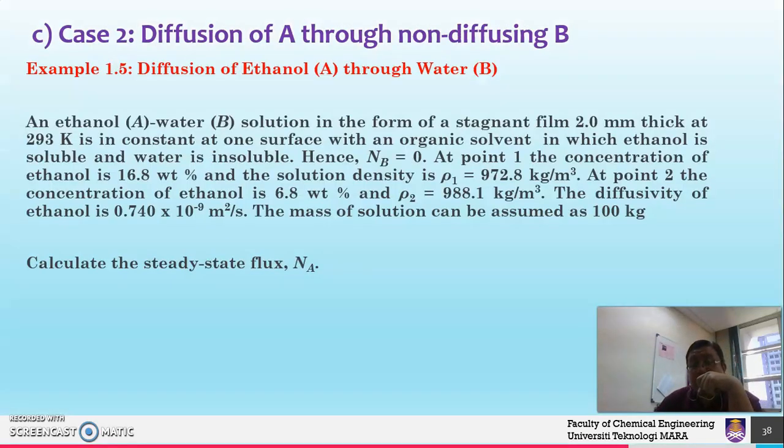So the task now is to determine x_A at point 1 and x_A at point 2. x is mole fraction, but we have been given the mass fraction here. That is why we have to assume the mass of solution as 100 kilograms.